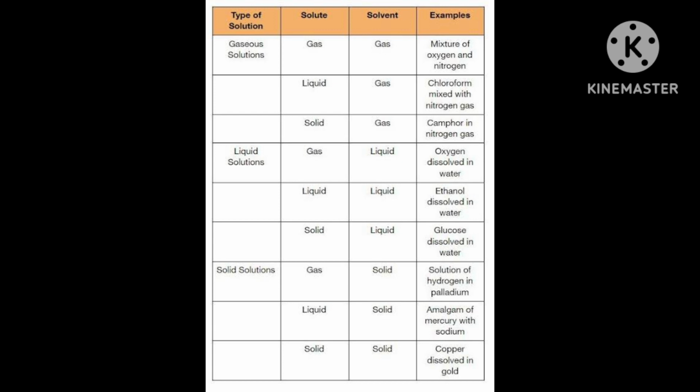Then homogeneous, what is the meaning of homogeneous? Homogeneous means if in the solution it is mixed properly, everywhere concentration is the same. Suppose you have made a 500 ml NaCl solution. You have dissolved it, mixed it for 5 minutes.